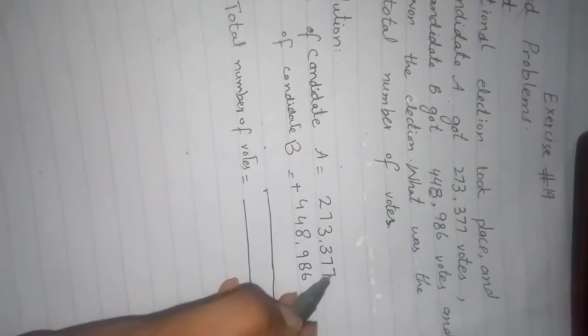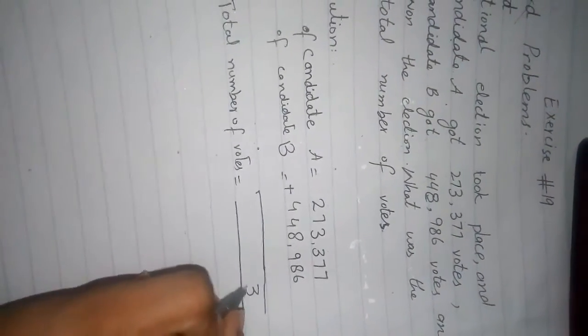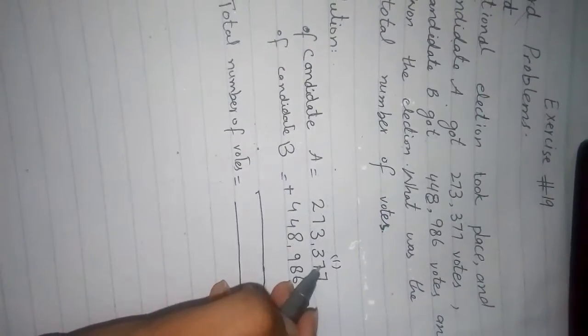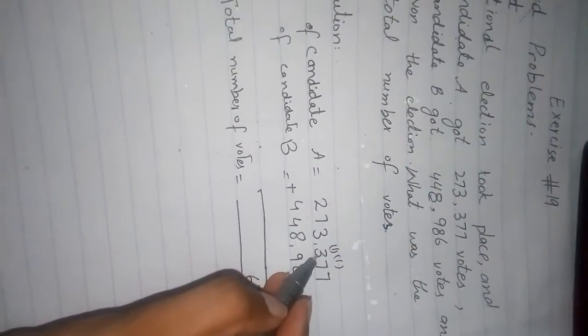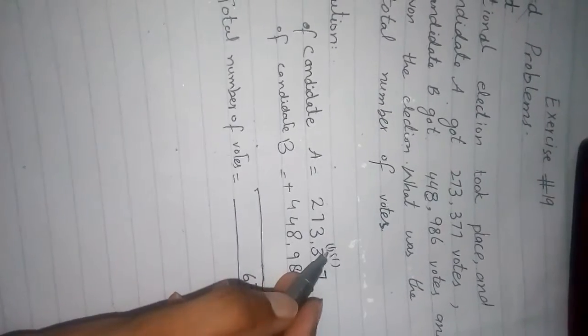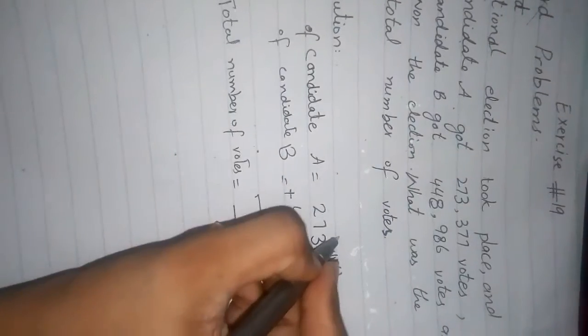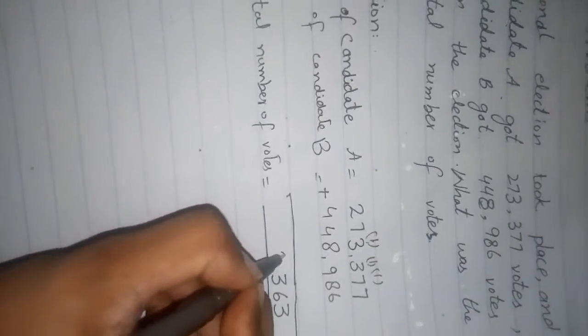Okay, so by adding this: 7 plus 6, 13. Take 1 carry. 7 plus 1, 8. 8 plus 8, 16. We will take carry. 3 plus 1, 4. 4 plus 9, 13. Again 1 carry. 3 plus 1, 4. 4 plus 8, 12.